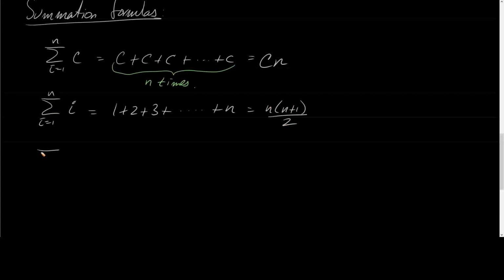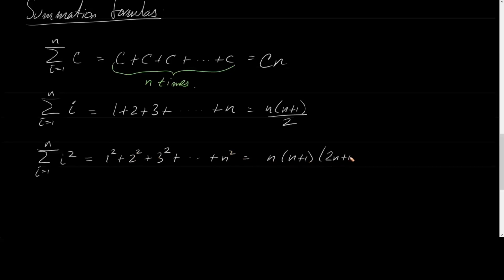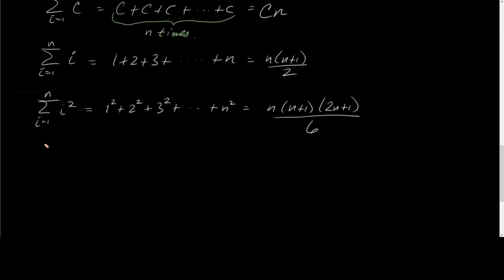If I have the summation of i squared, this is going to be 1 squared plus 2 squared plus 3 squared all the way up until n squared. That's going to be n times n plus 1 times 2n plus 1 all over 6. And we'll do one more.